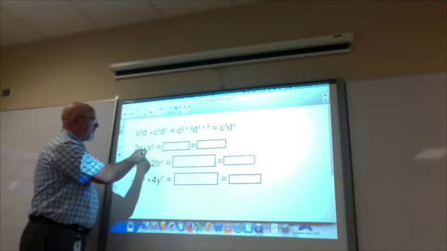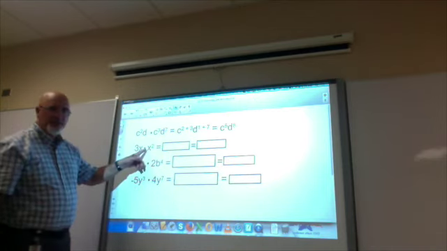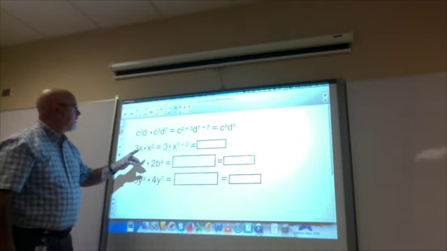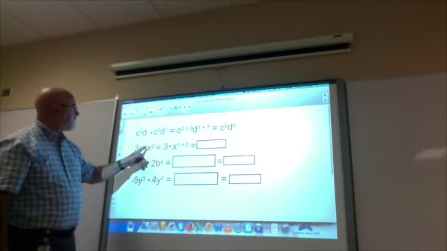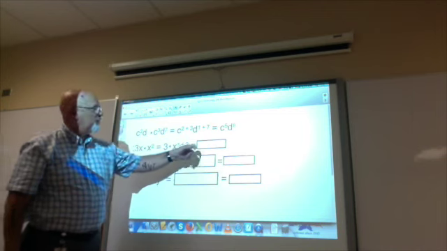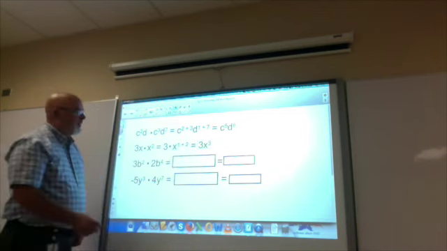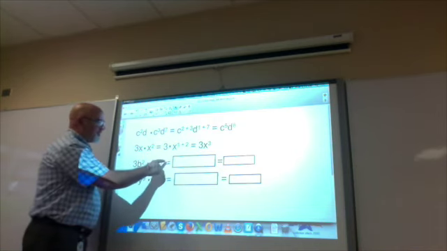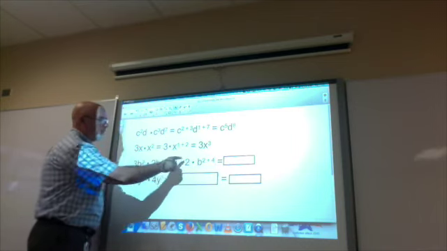We've got 3x times x squared. What's the number in front of the x here? A 1, right. So that's going to be 3 times 1 is 3. X times x squared is going to be x to the 1 plus 2, which gives us 3x to the 3. This time we've got 3 times 2, which is 6, and b to the 2 plus 4.